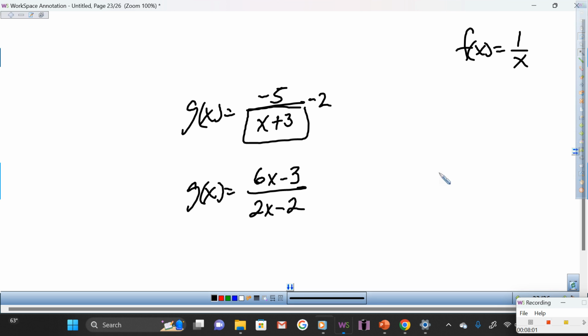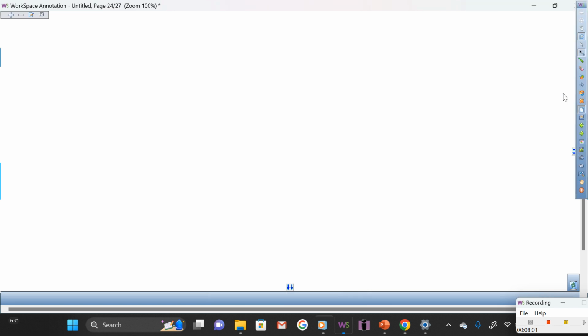Diego Rosas. What is it? 1 over x. That is correct. Why, Diego? Because the denominator does not have a square. All right, not bad.